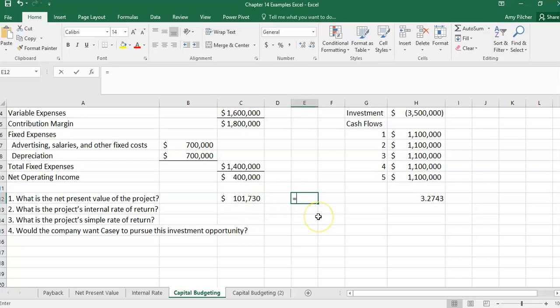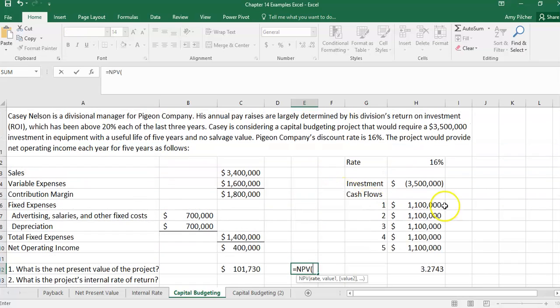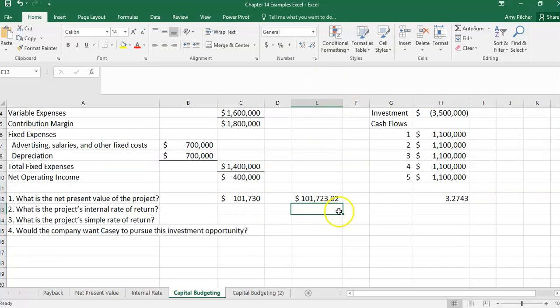We can also do the net present value calculation in Excel, our rate with our cash flows, and then add our investment. And that's a more precise number, so it's just a little bit different from the calculation.